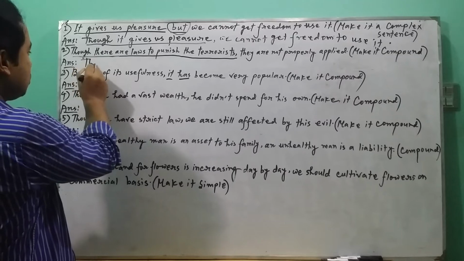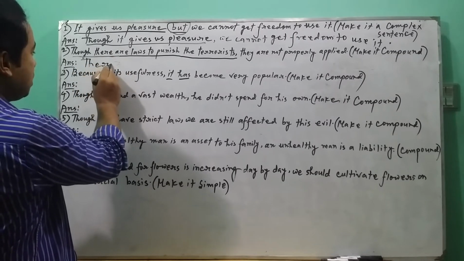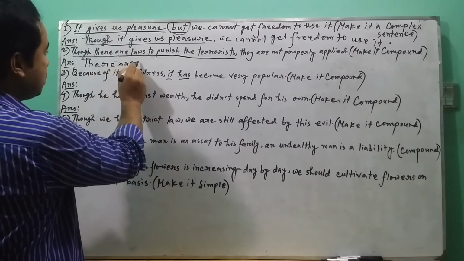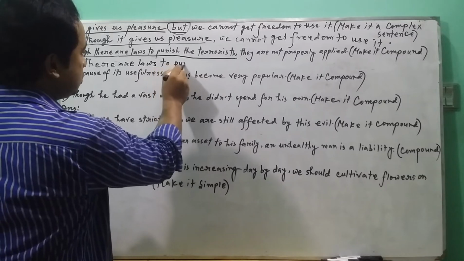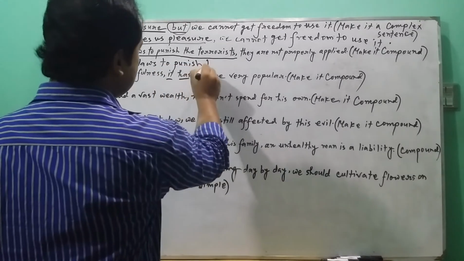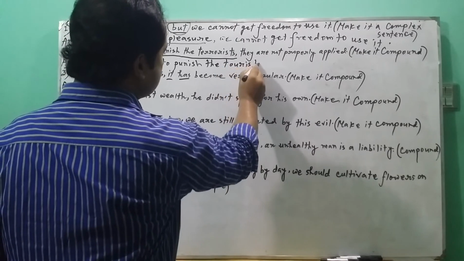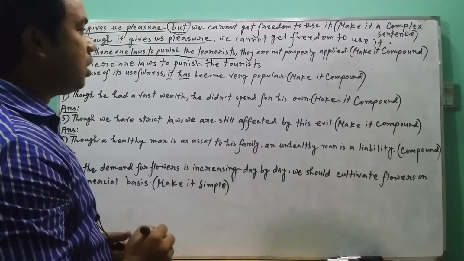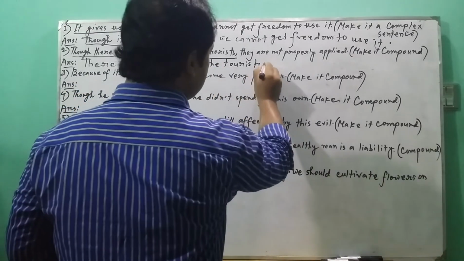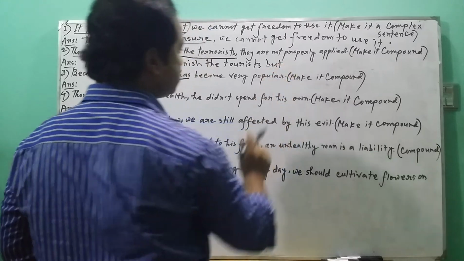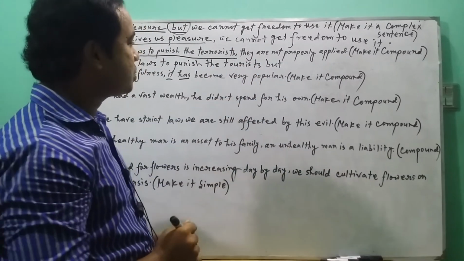There are laws to punish the tourists. In place of the comma we are using but, and write the rest of the sentence.